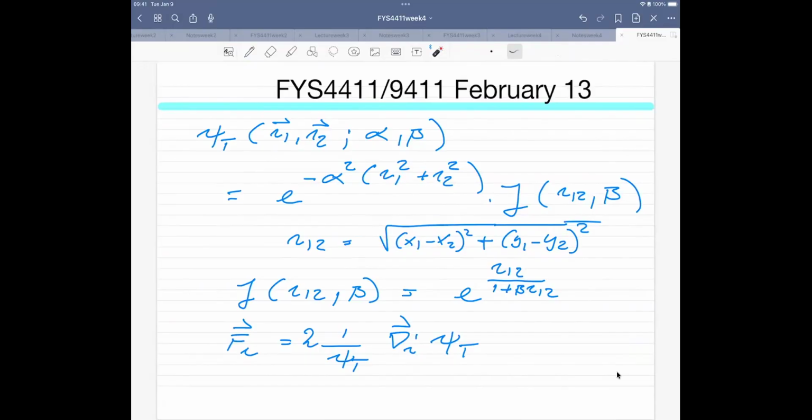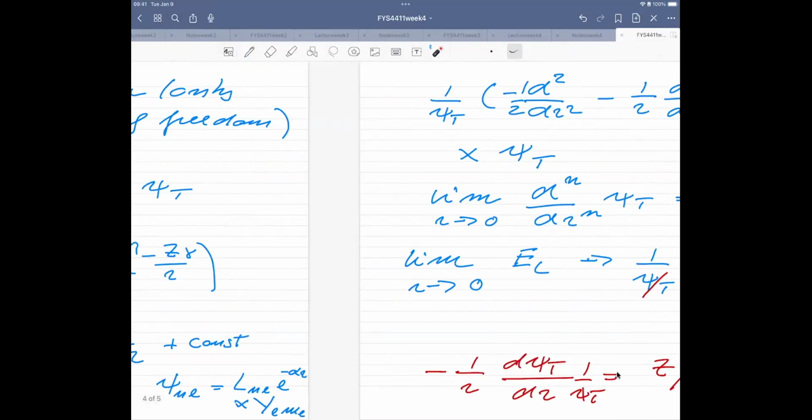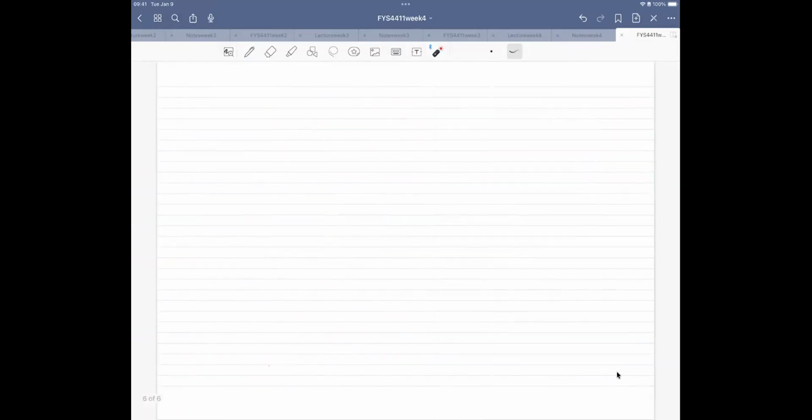Now, when I go to the two-body part, if I look at the Schrödinger equation for two particles, there is going to be an equation which is given by delta 1, the first particle. Let me just write it like this.